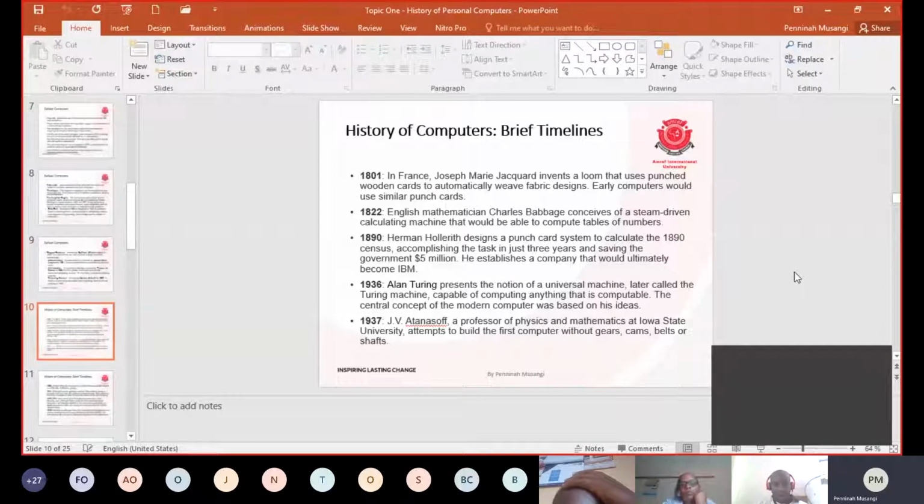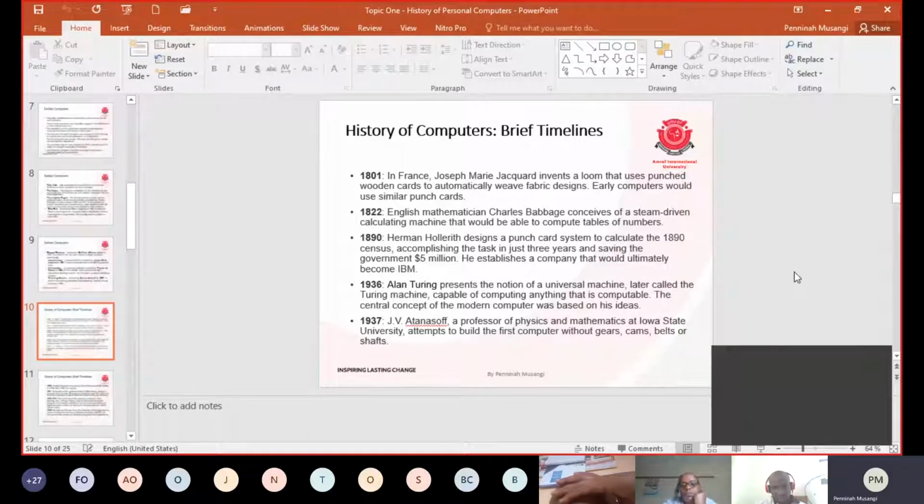1936, we had Alan Turing. Alan Turing came up with a universal machine, which he later called the Turing machine. And this machine was capable of computing anything that is computable.